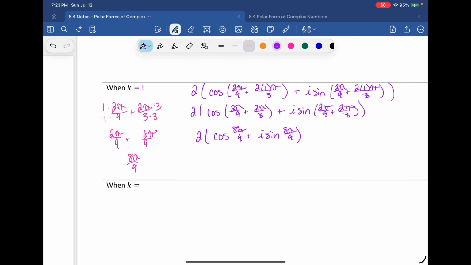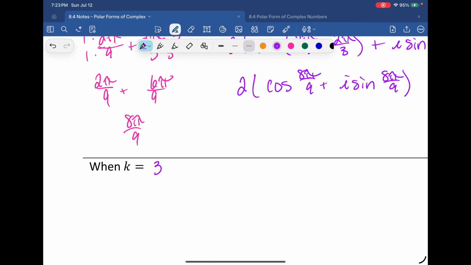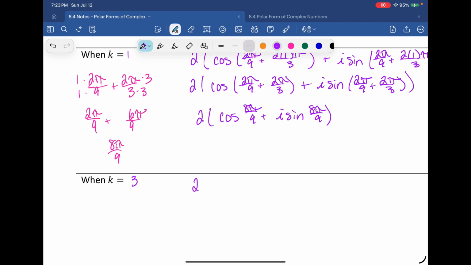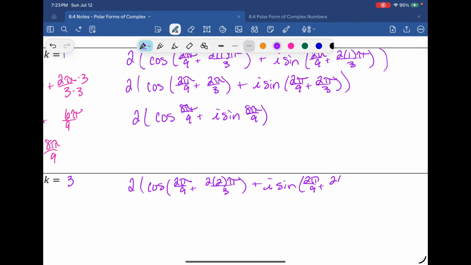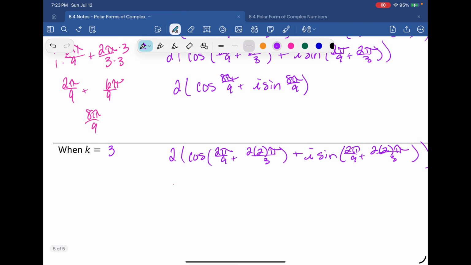All right, our last one is when k is 2. So same process. 2 pi over 9, and 2 times 2, because k is 2. All right, simplify.